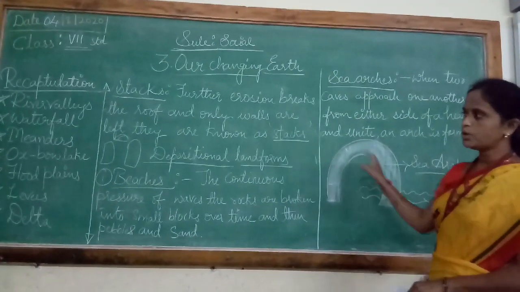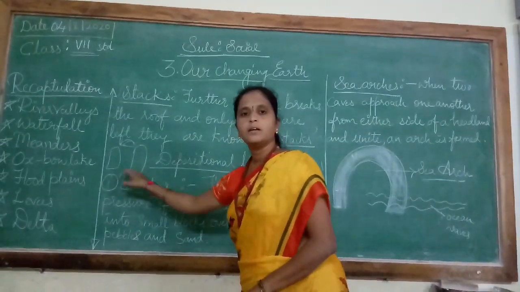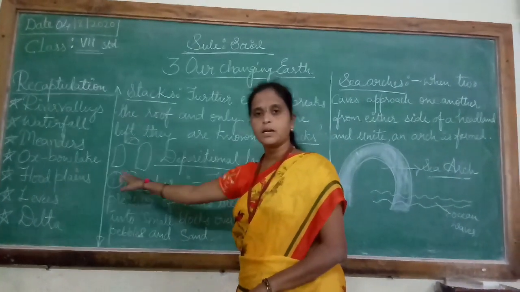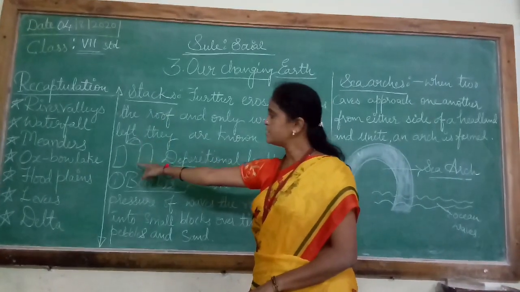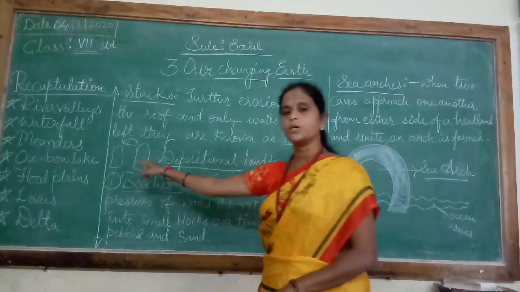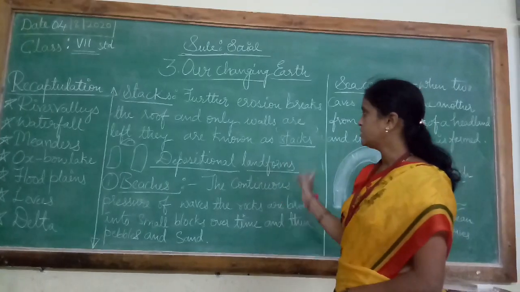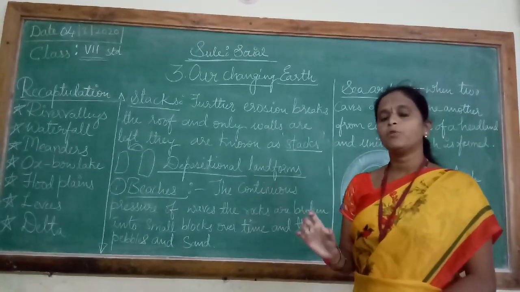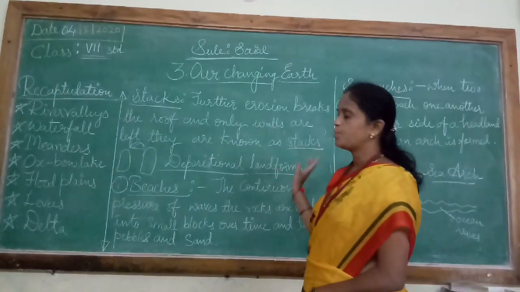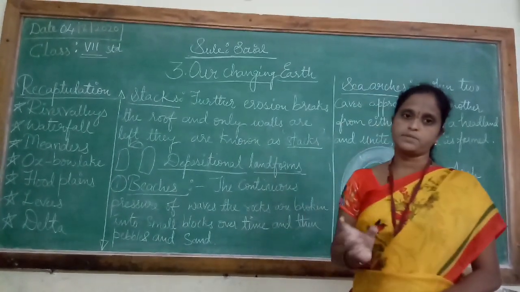In this way, only two vertical walls or pillars are remaining. This is called a stack, where we can see just two pillars left behind due to the continuous erosion. So these all are the erosional landforms formed by the oceanic water, or we can say oceanic waves.